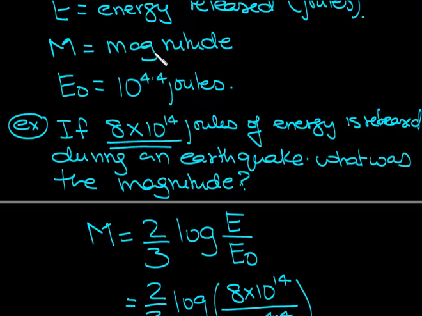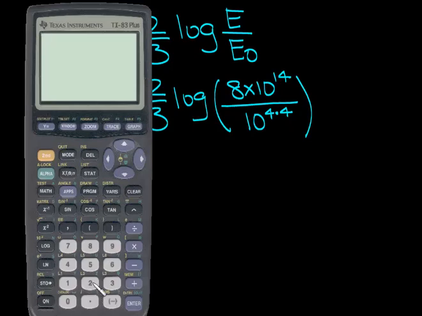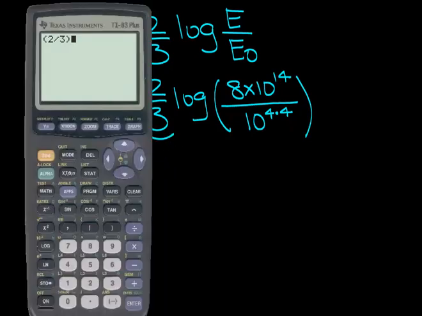Now that we have that, it's just a matter of plugging it into the calculator. There's not much to do here. You can start by taking parentheses 2 divided by 3. I'm just doing this on the outside separately. Then we're going to take the log of this numerator.